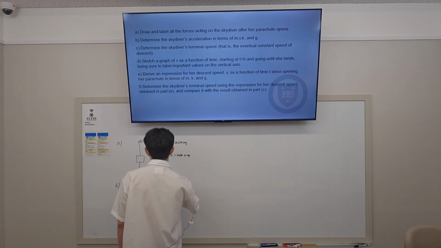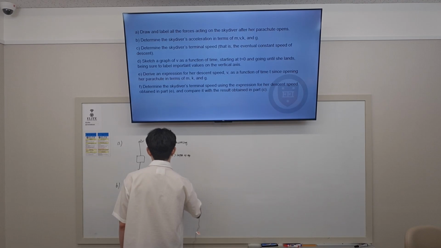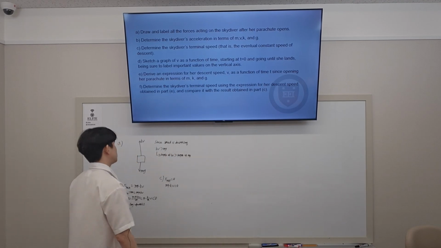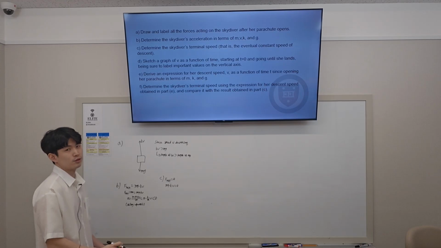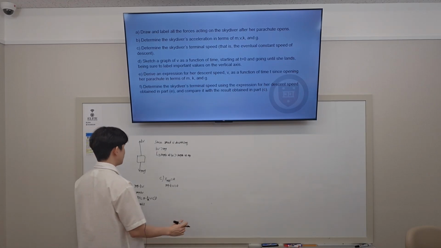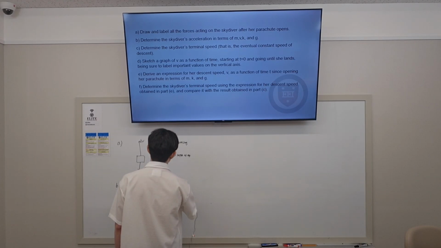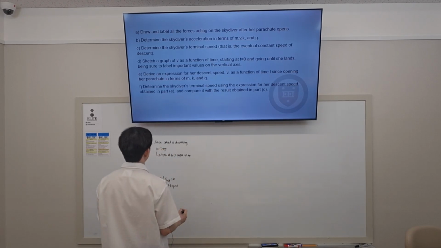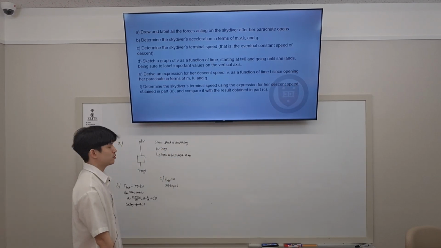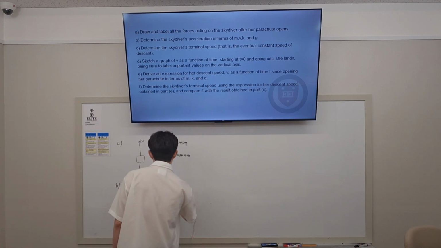This means that net force is 0, and net force is mg minus kv, so mg minus kv is 0. I'll just denote this as Vt because Vt represents terminal speed in most cases. So mg is kVt, so Vt is mg over k.